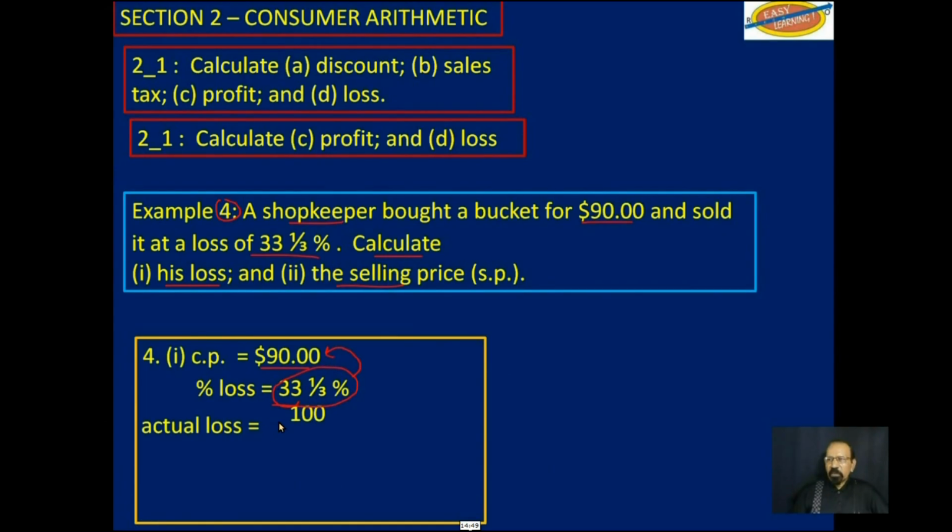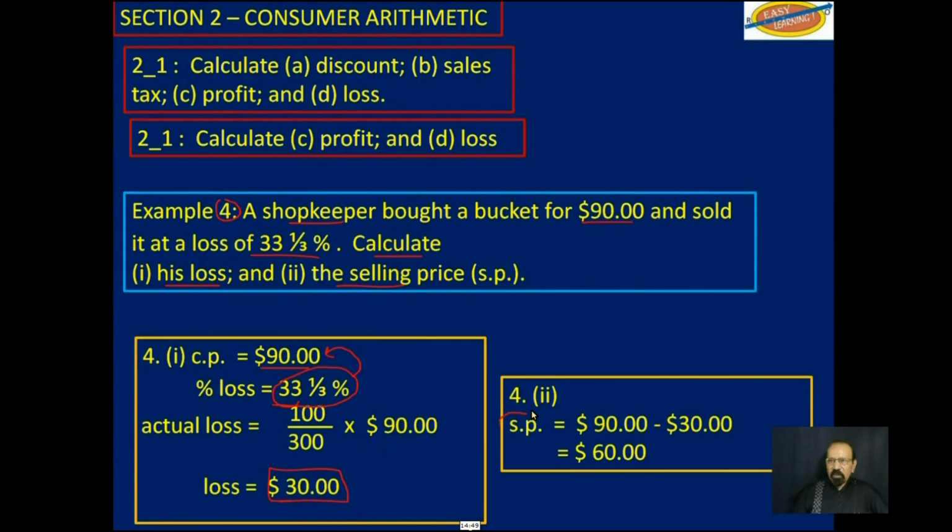So 33 and 1/3% will be 100 over 300 multiplied by 90, and that gives us $30. So there is a $30 loss on an item that was bought for $90.